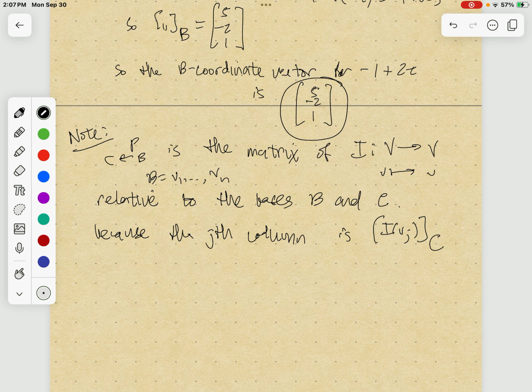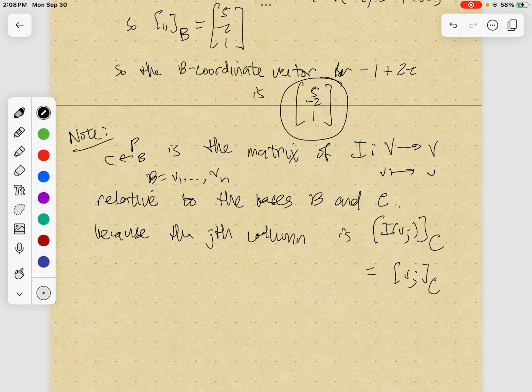This matrix is precisely the change of basis matrix because it's just vj relative to C. That's the jth column. And then by definition of the matrix of a linear transformation, what you do is you make the jth column equal to T of vj relative to C. Well, in the case when T is just the identity transformation, V to V, so V and W are equal, you just get the change of basis matrix. You just get I of vj relative to C, which is equal to vj relative to C.